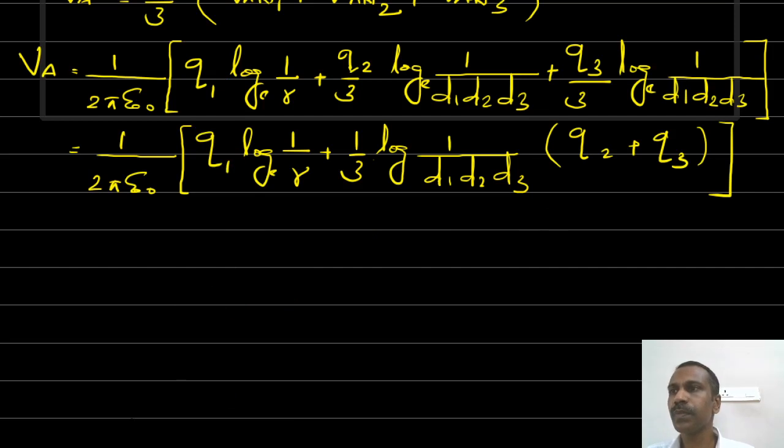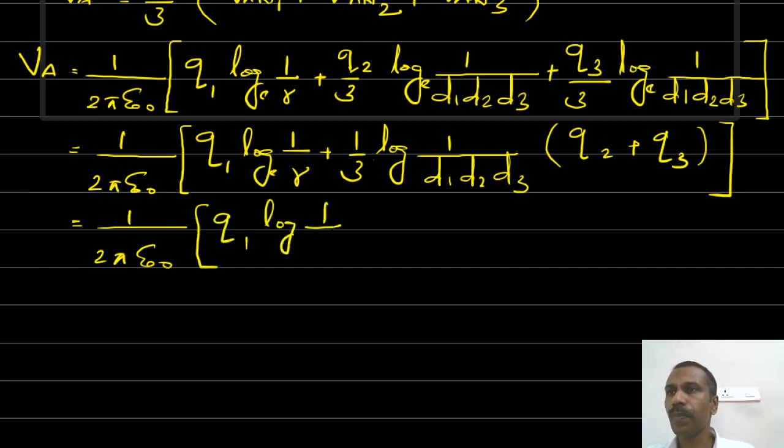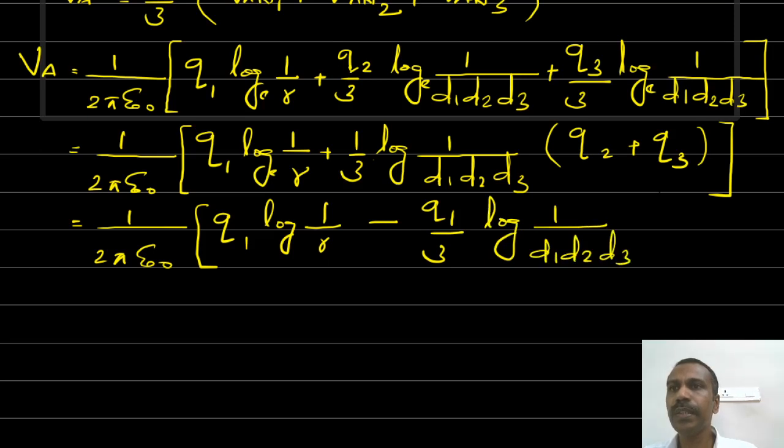So it becomes 1 by 2 pi epsilon 0 into Q1 log 1 by R plus, Q2 plus Q3 becoming minus Q1, minus Q1 by 3 into log 1 by D1, D2, D3.